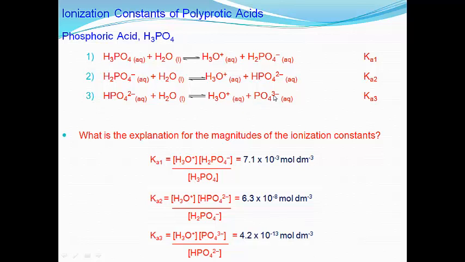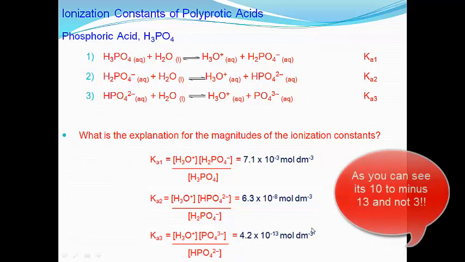plus and PO4 3 minus. Now, when we look at the corresponding ionization constants, we see that we are moving from Ka1, which is 7.1 times 10 to the minus 3 mole per dm cube, to Ka2, which is 6.3 times 10 to the minus 8 mole per dm cube, to Ka3, which is 4.2 times 10 to the minus 13 mole per dm cube.